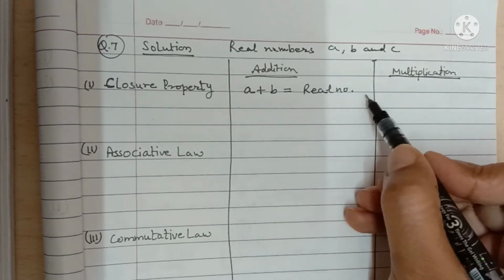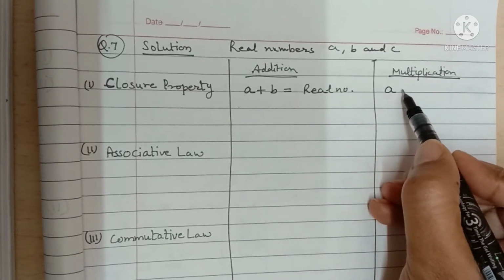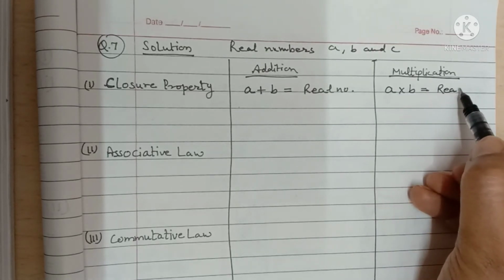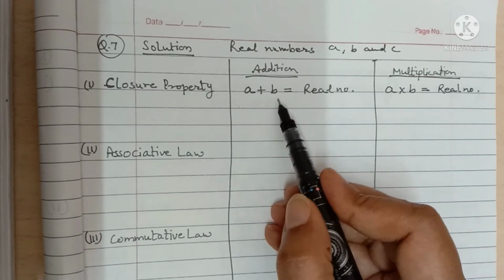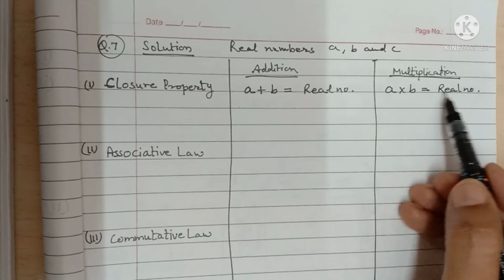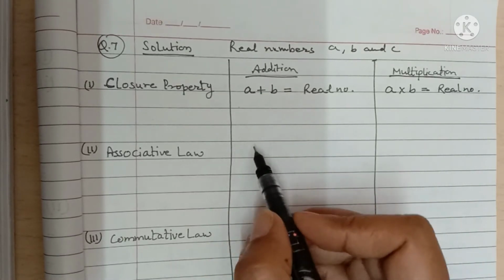And when we multiply two real numbers, A into B, we will get a real number. So this is the closure property. As we add two real numbers, we get a real number, and when we multiply two real numbers, we get a real number. Now associative law.